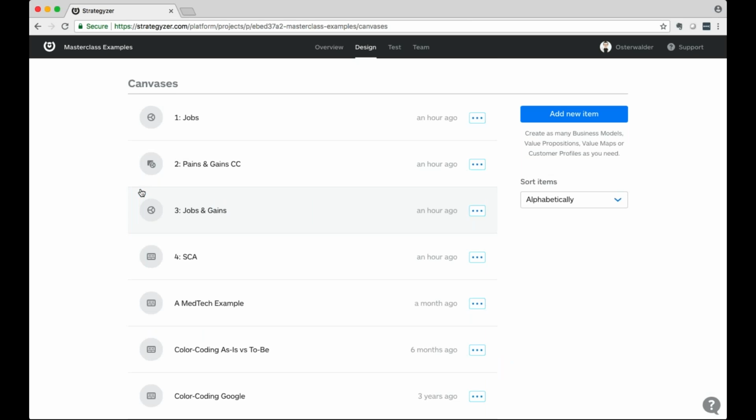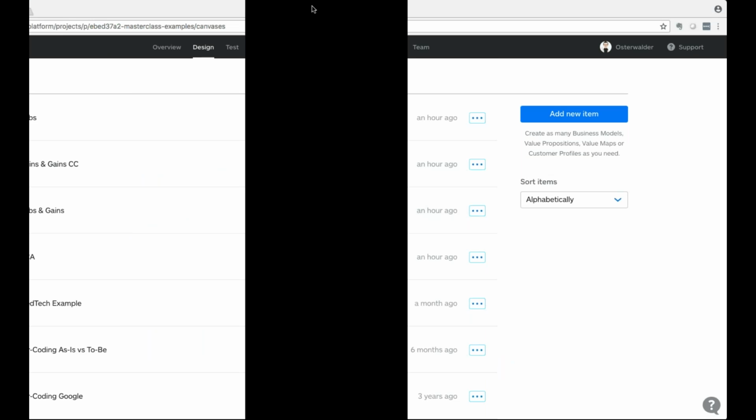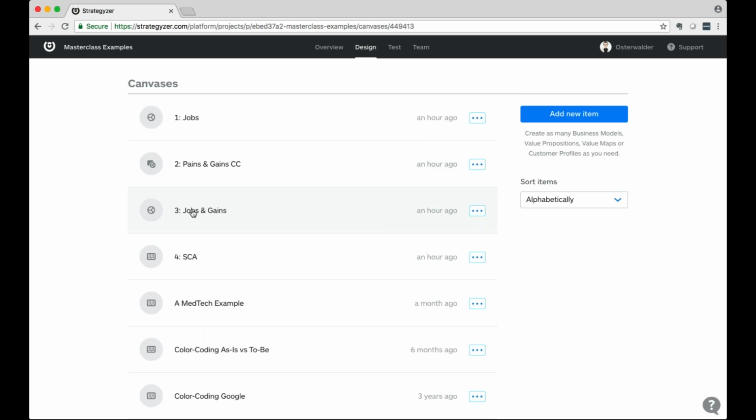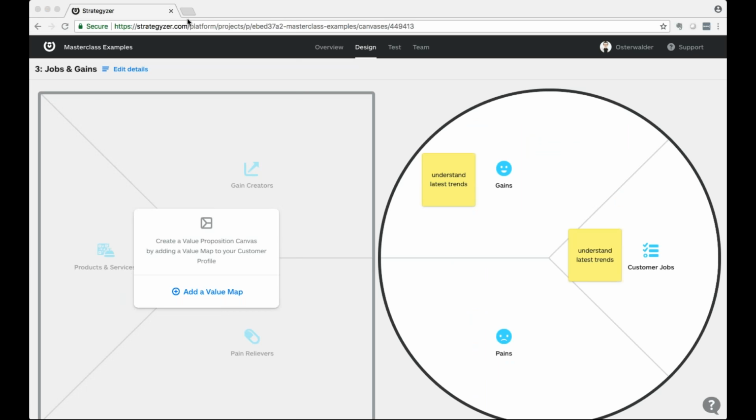Okay, let me go to a slightly different example here. Jobs and gains. So a big question that we often hear is, Alex, isn't jobs and gains often the same thing? So here, for example, a masterclass participant or webinar participant might say, well, one of my jobs to be done is understand the latest trends.